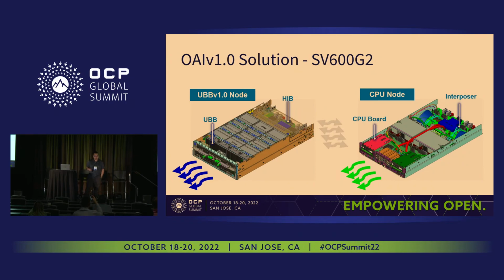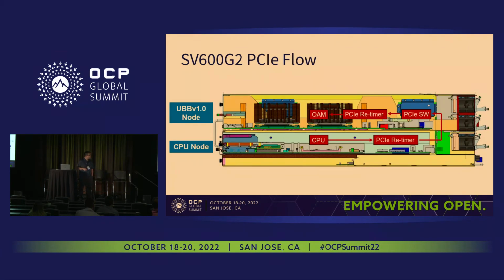So from the system point of view, you can see that the gray part, the cable, no longer exists, and we can combine the UBB and the host all together in one system. So you can have fewer cables assembled from the rack level point of view. That's what we do at Wiwynn.